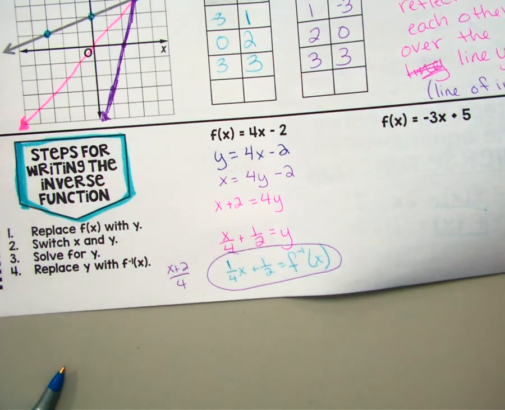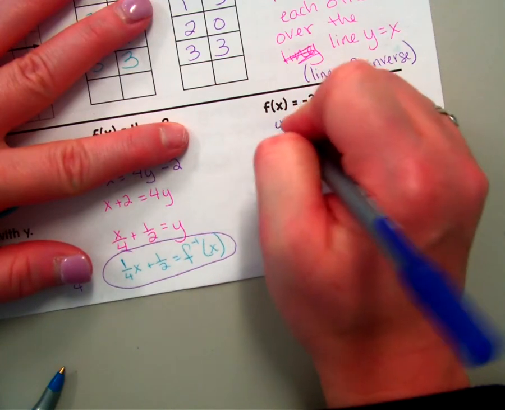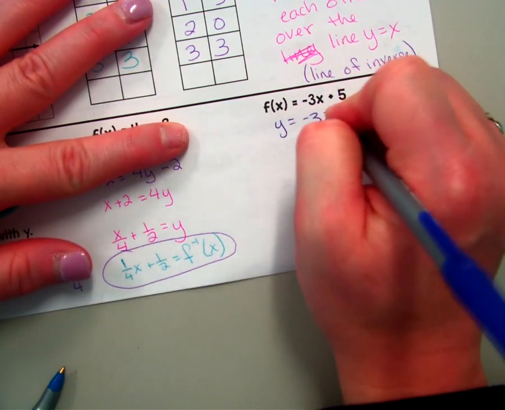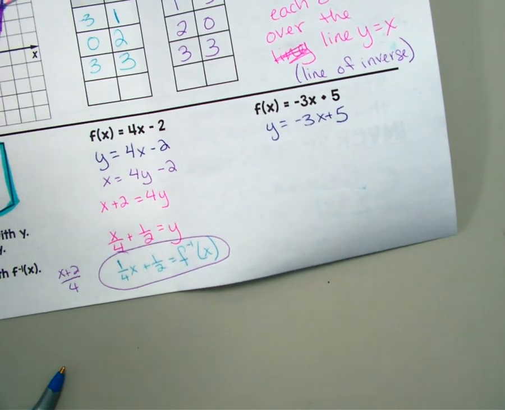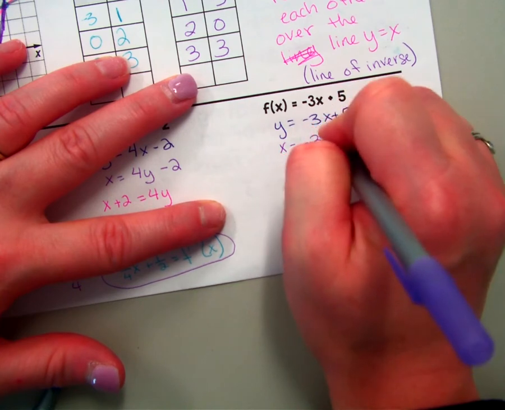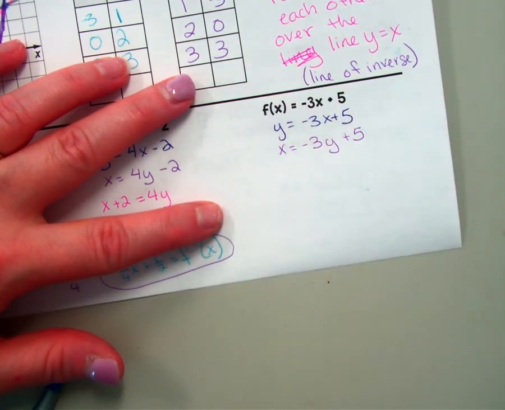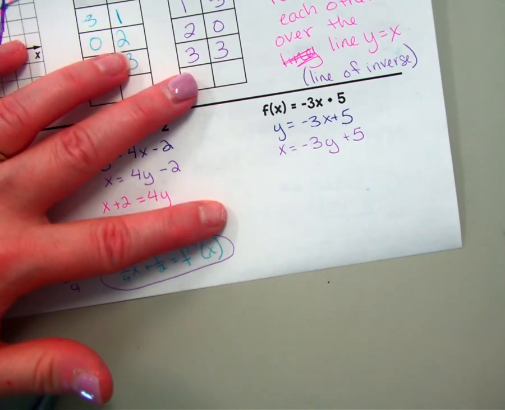All right, let's try again. So step 1, make it y equals instead of my function notation. And you might have equations that already have y in there instead of the function notation. So that's fine. But we want to make sure this is y equals. So then we switch our x and our y. So now it's x equals. I'm going to solve for y now.